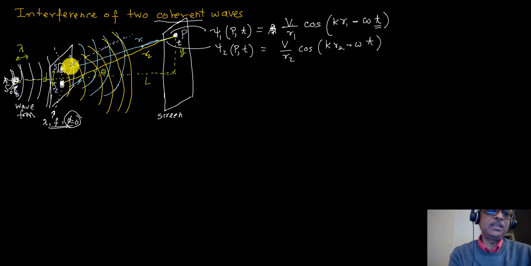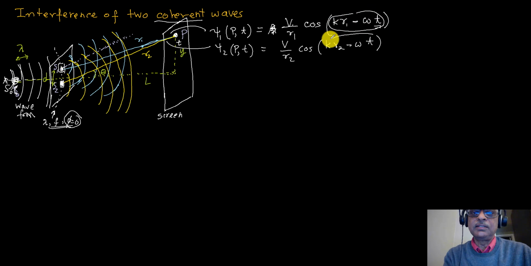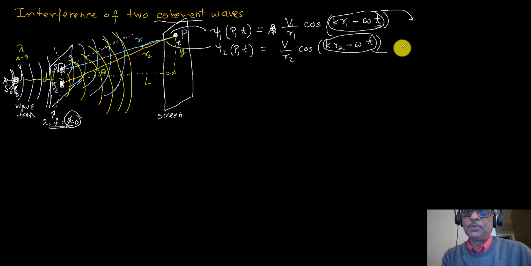If we had a phi here, then this would be phi, so it doesn't matter that I set this to 0. This is the phase at p of the first wave, and this is the phase of the second wave at p.